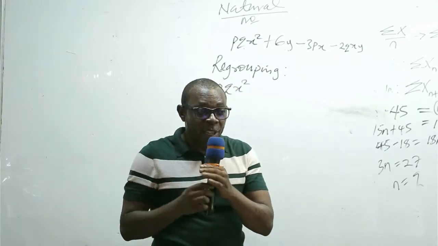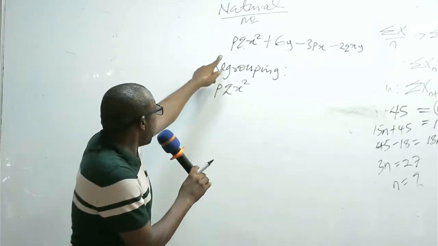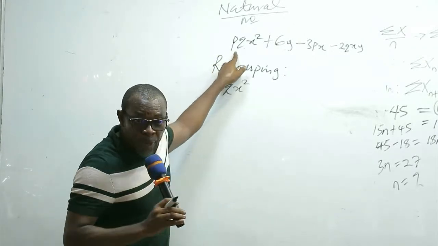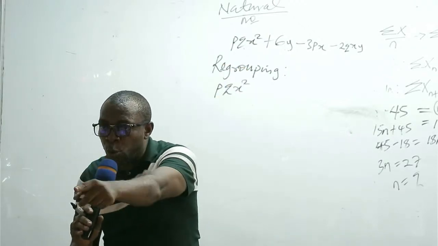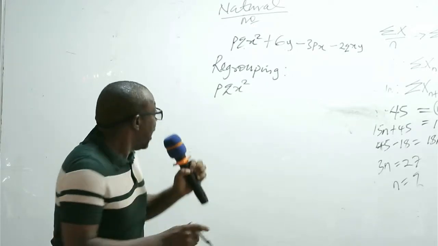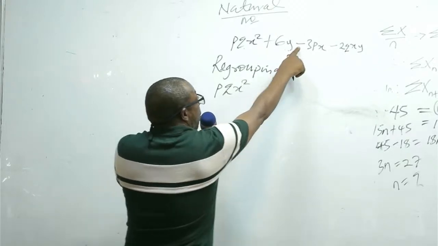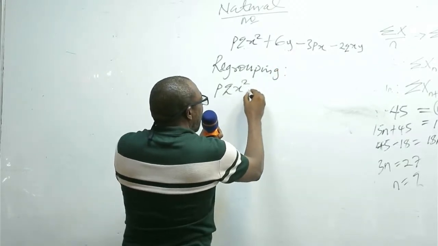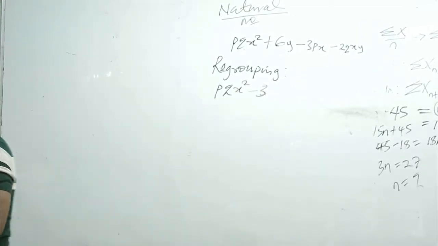Okay, sorry. Now look up here. I will decide. Look at this p. You choose whether to use your tongue to count your teeth or your teeth to what? You see? Look at p. I say, okay, there's another p. So I'll bring that p. Minus 3px. Minus 3px. You see?